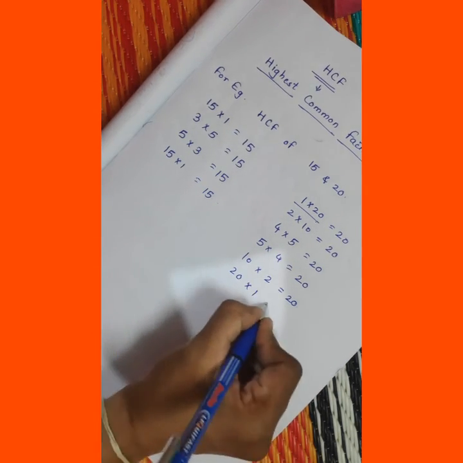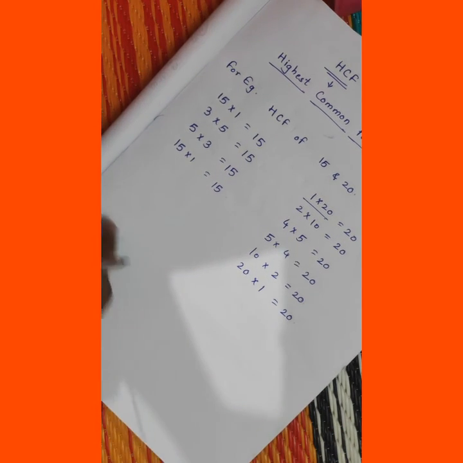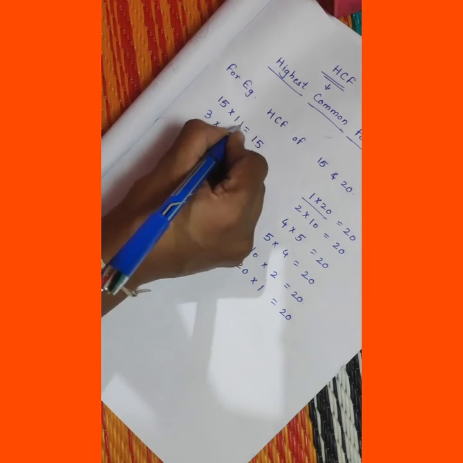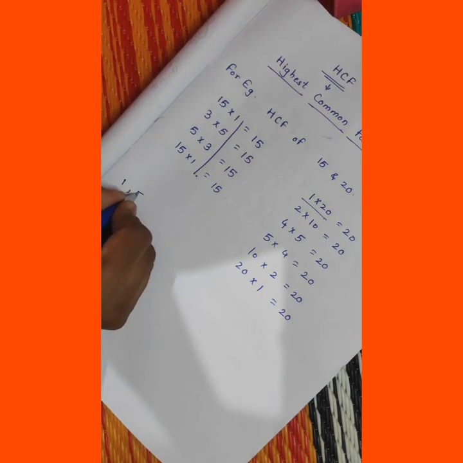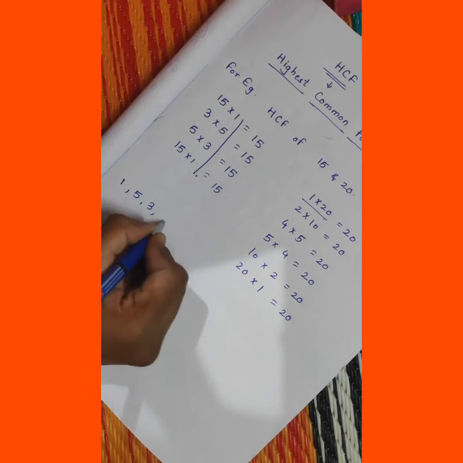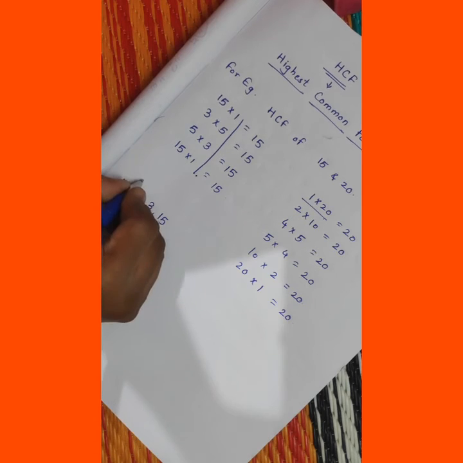So now what we will find, what are the factors? See here, these are the factors: 1, 5, 3, 15 are the factors of 15.